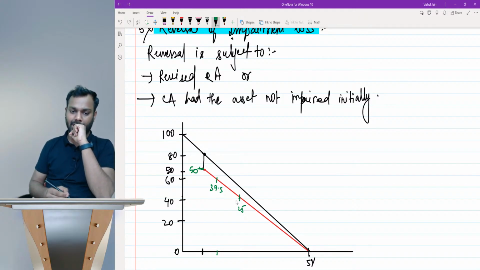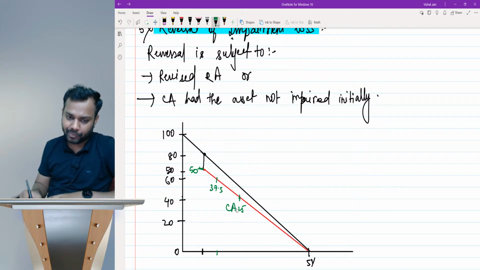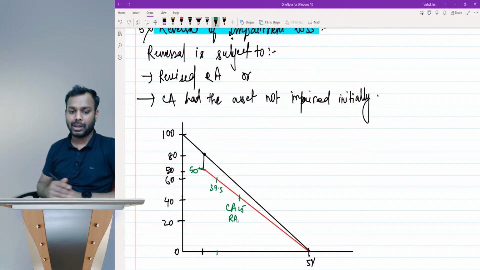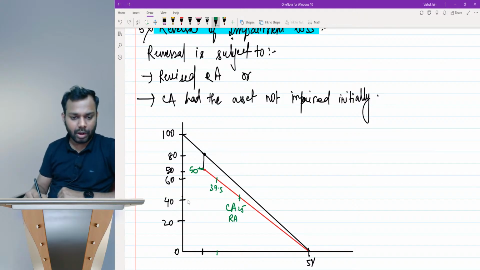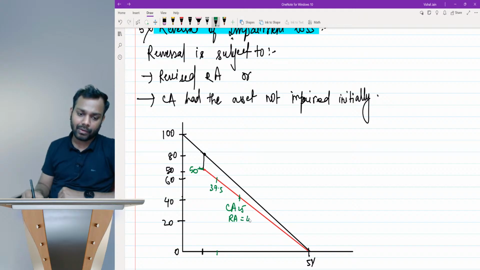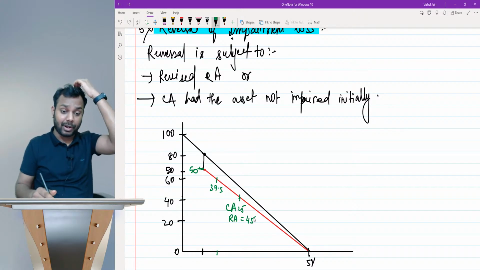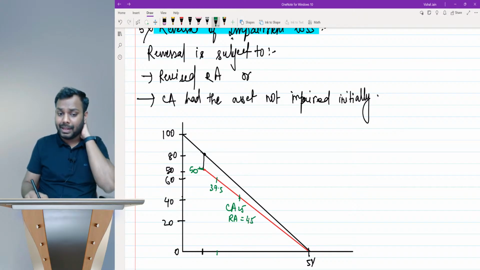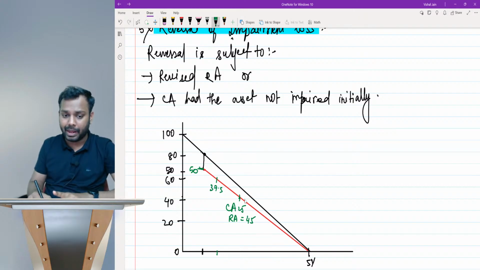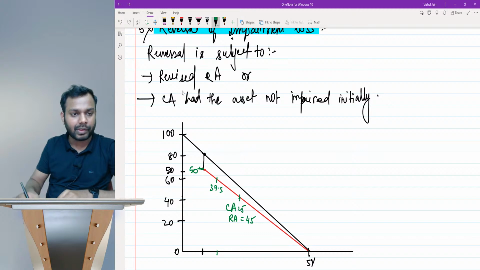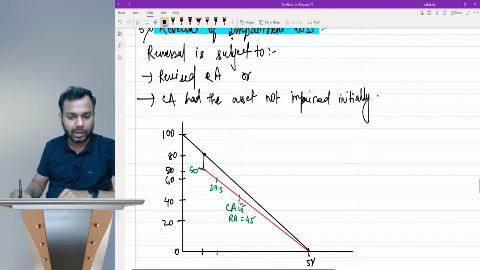The carrying amount is 25, and what will be the recoverable amount? At the end of the third year, the recoverable amount is 45. Now tell me, how will I reverse the impairment loss? Just a minute, guys.